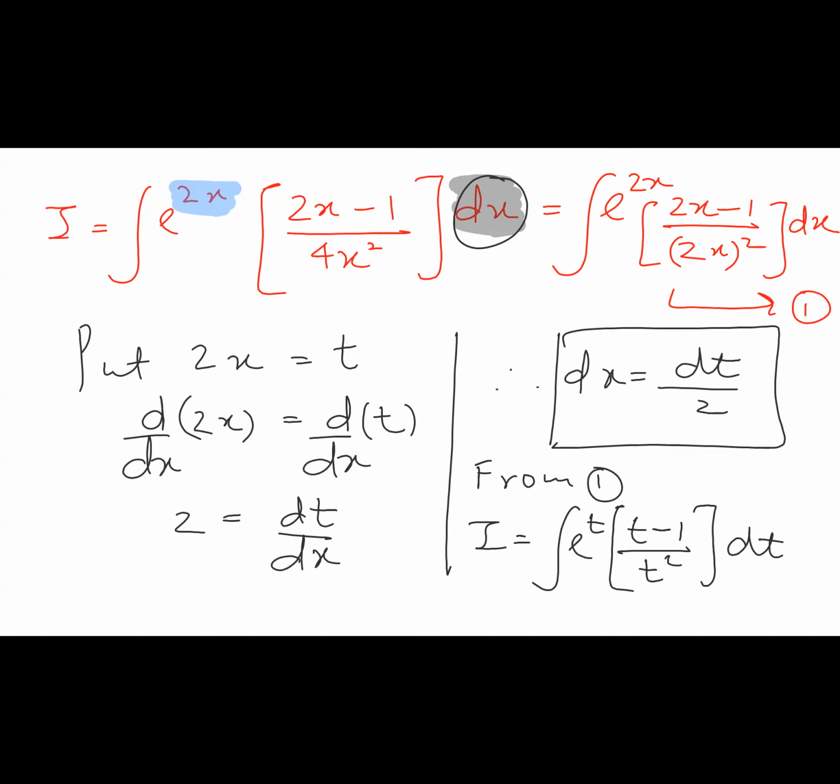Yes guys, can you just suggest over chat what has to be done over here? T minus 1 upon t square, what can you apply? What should be the next step? Can you think over it? Correct, very good. So all are giving the right answers. We'll have to split this into two parts.